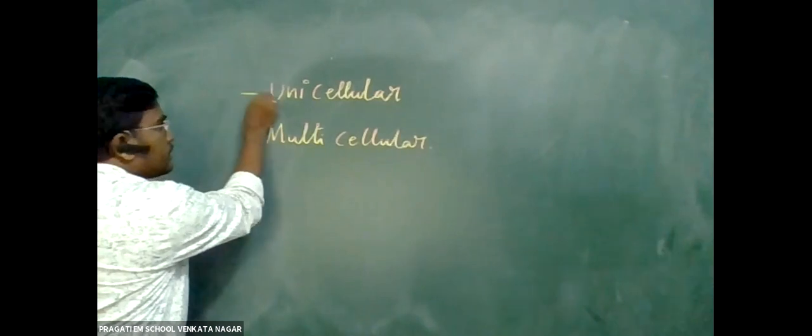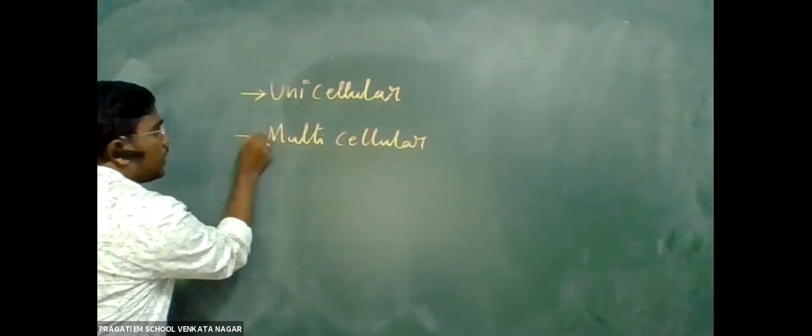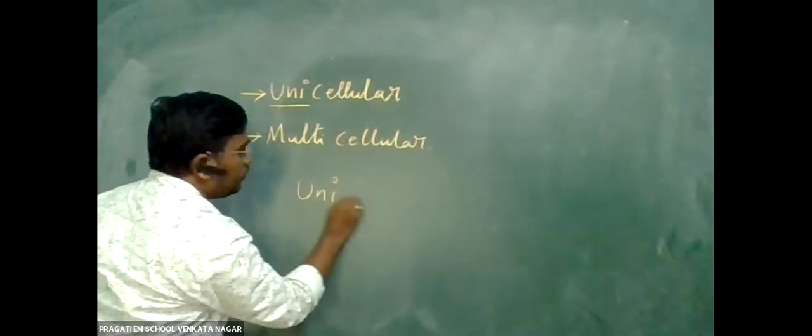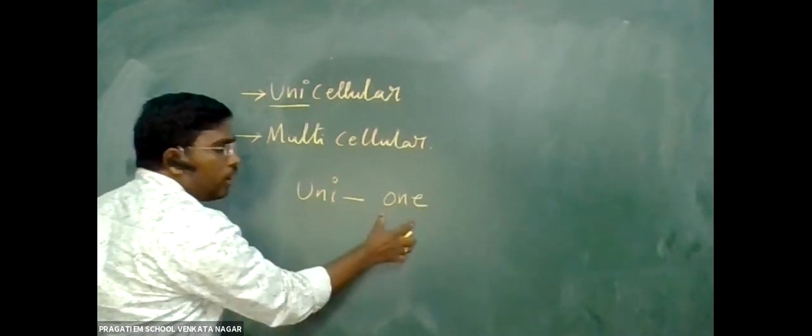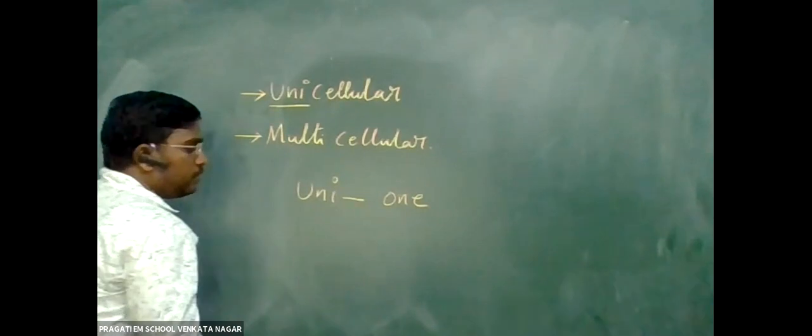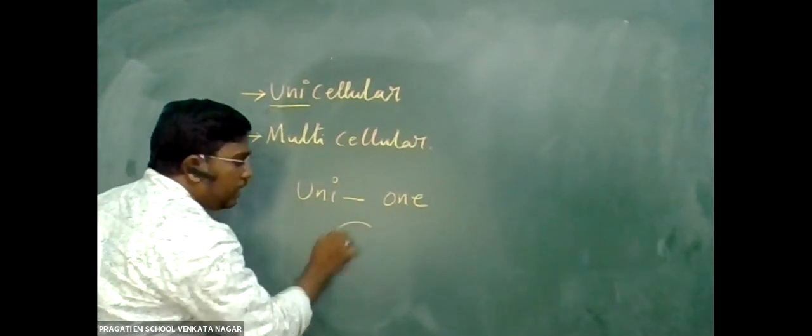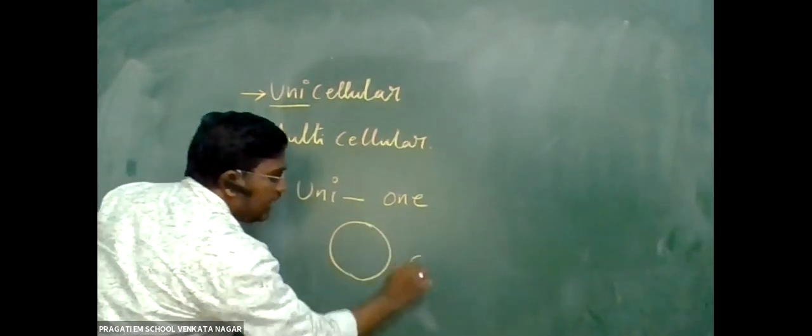Living organisms are divided into two categories. First one is unicellular organisms. Second one is multicellular organisms. Here, uni means single, one, only one. Uni means single or one-celled organism. Again, I'm using a new word, cell.